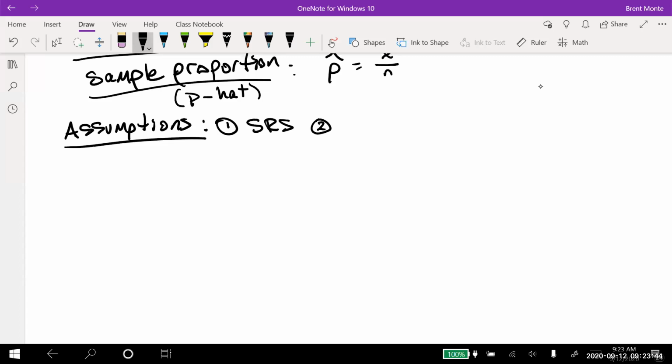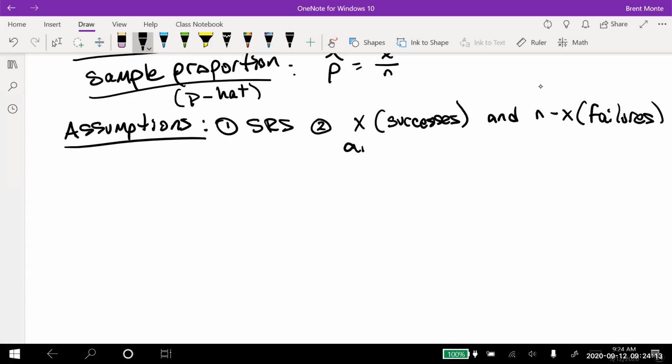In a large sample, what we're going to consider this time is that X, the number of successes, or the number in the sample with the characteristic we're looking for, and n minus X, the number of failures, the number in the sample that didn't have the characteristic, are both at least 5.